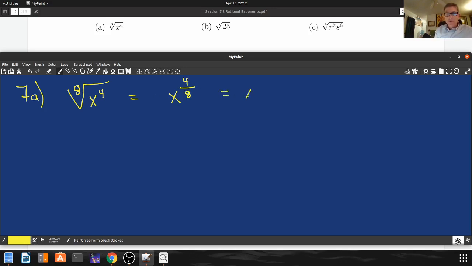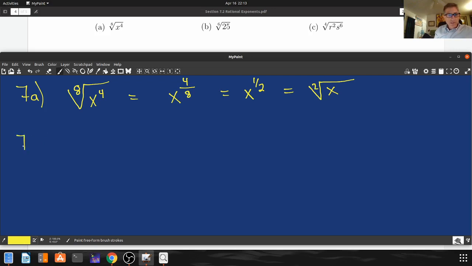Well, that's equal to x to the 1/2. And they want you, if I'm not mistaken, by looking at the book, to simplify it back into a radical. So that's the square root of x. And if you want, you can write a 2 there, but you'll get lazy eventually and stop doing that.